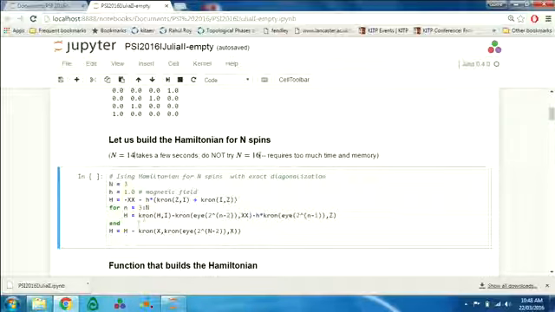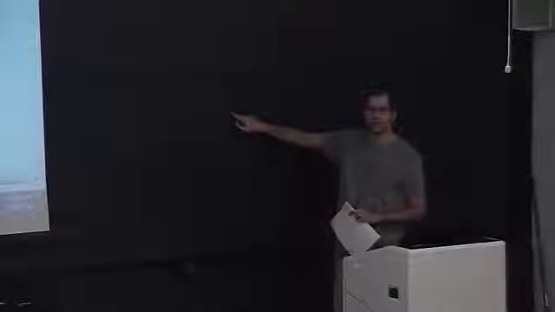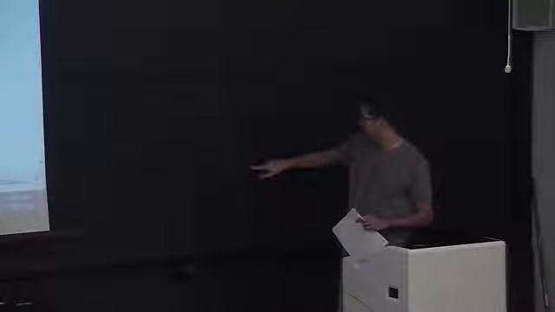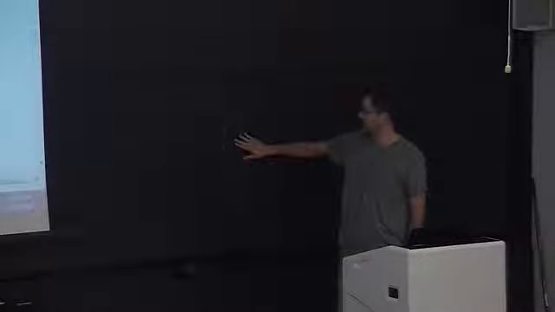Inside this for loop, in going from here to here, we'll take the Hamiltonian that we have, and we'll do the Kronecker product. We'll tensor it with the identity on the new spin, right? These Hamiltonian terms should only act on the first n spins. So we tensor all these terms that we already have with identity. That's the first term here.